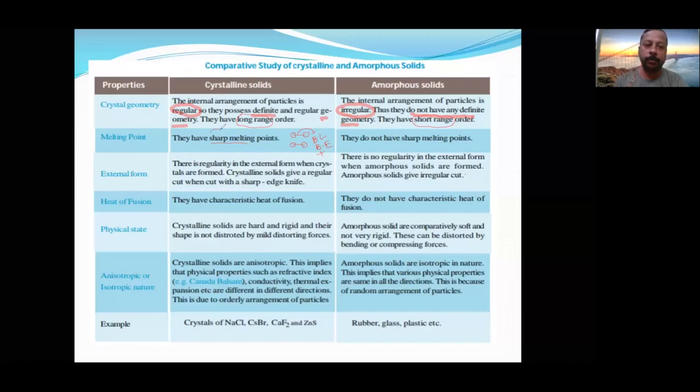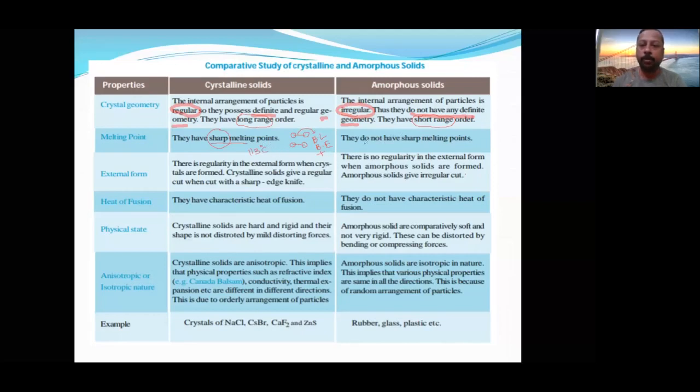That's why they have a unique single melting point. If we ask the melting point of a crystal, we can give one single value. Sharp means you can give only one single value of melting point, like 113 degrees Celsius. So this is called a sharp melting point, only one temperature.